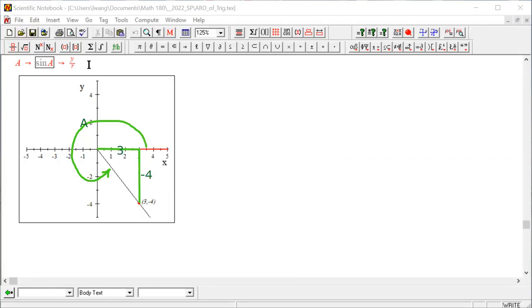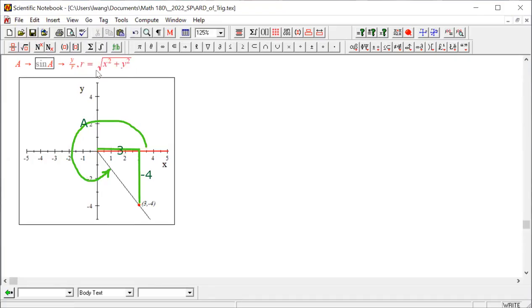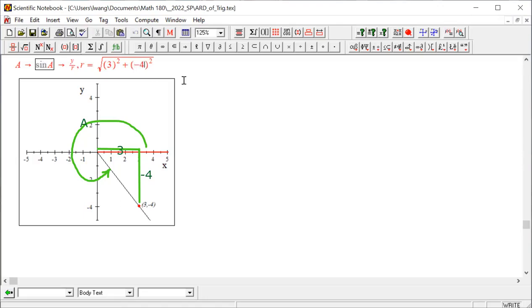And now I can find my r. R equals the square root of x squared plus y squared. Our x is 3. Our y is -4. We actually don't need the parentheses for 3.